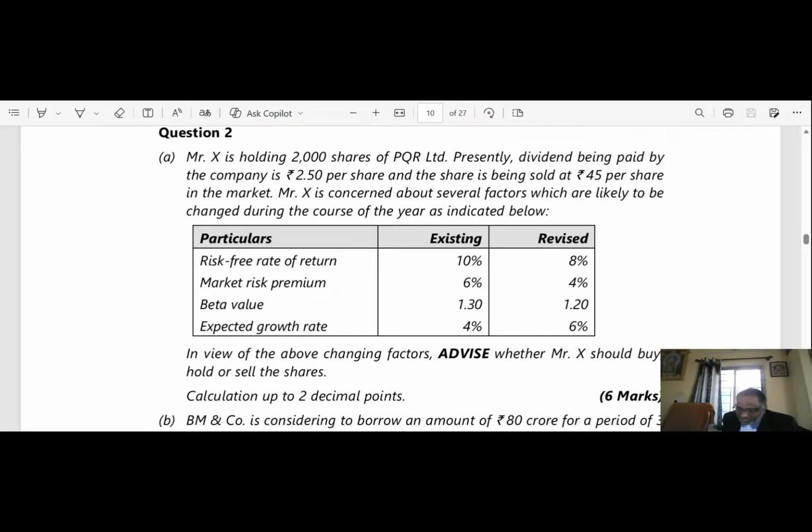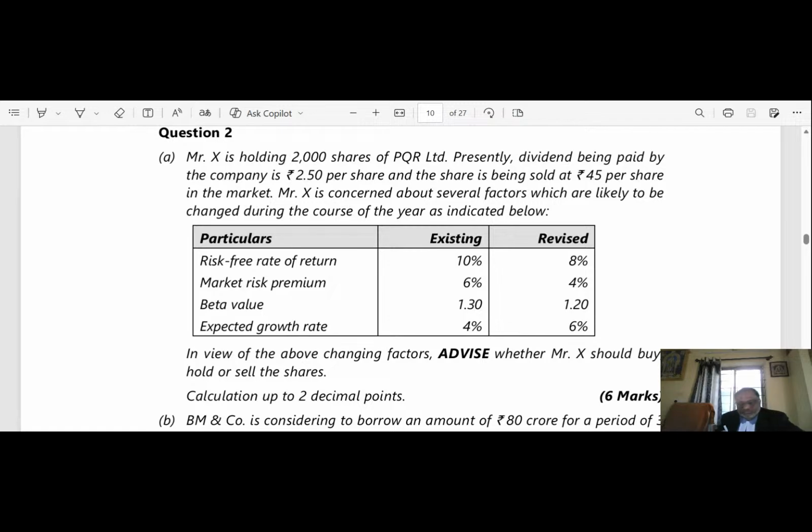That is already given. So now your formula is KE is equal to RF plus beta into RM minus RF.